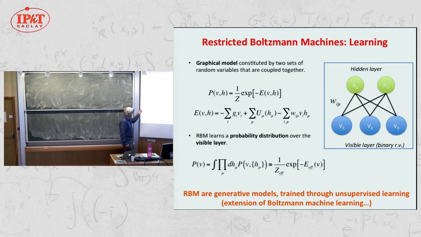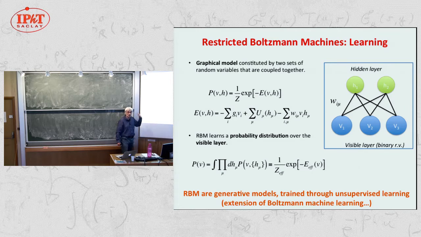So the idea is to compute the marginal: by integrating formally over the h mu's, we can define an effective energy for the visible layer, where there will be some effective interaction between the visible units due to the integration over the hidden layer. And this P of V, which is the marginal, is the thing which should be maximized over the data. That depends on all the parameters of the model here.